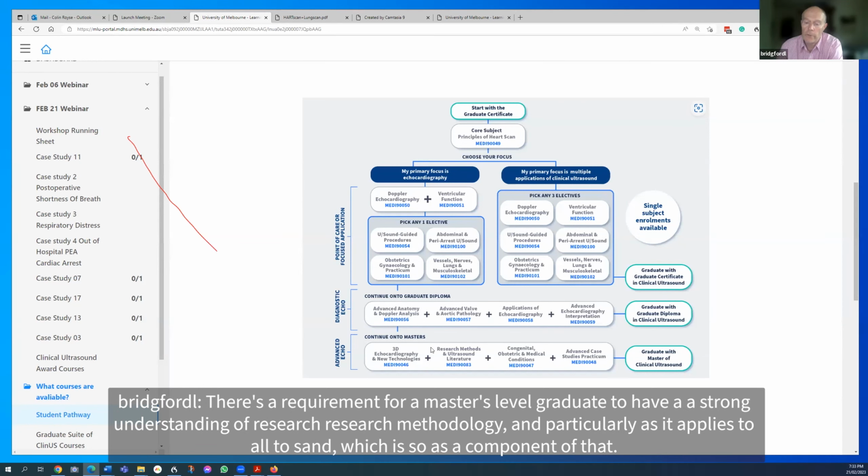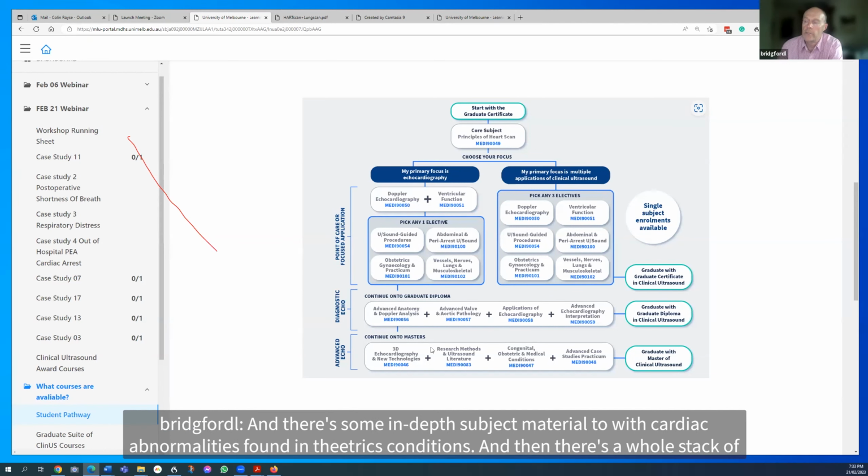There's a requirement for a master's level graduate to have a strong understanding of research methodology, and particularly as it applies to ultrasound literature. So there's a component of that. And there's some in-depth subject material to do with cardiac abnormalities found in obstetrics conditions.